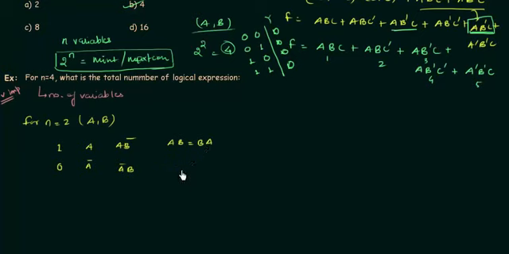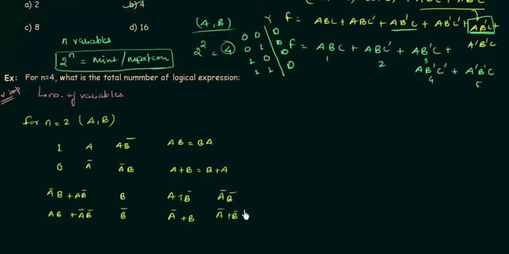This is the mistake most of the students make in this type of problems. The next thing is a or b, and again b or a is the same as a or b. Then we have a complement b or a b complement, and a b or a complement b complement. You can also have b or b complement, a or b complement, a complement or b, a complement or b complement.